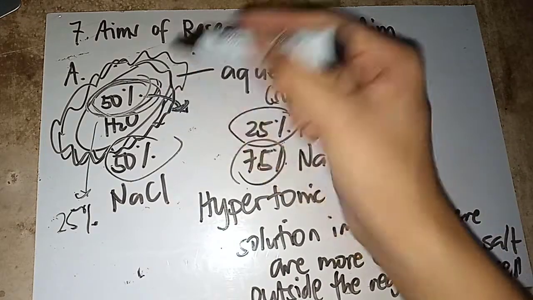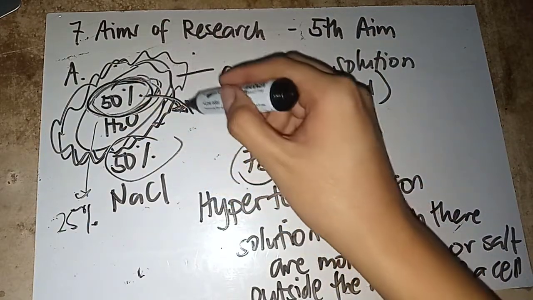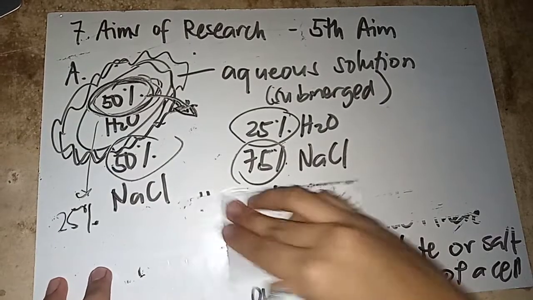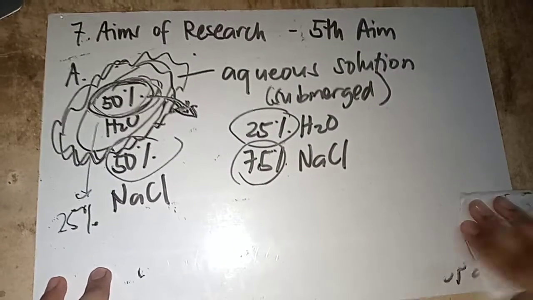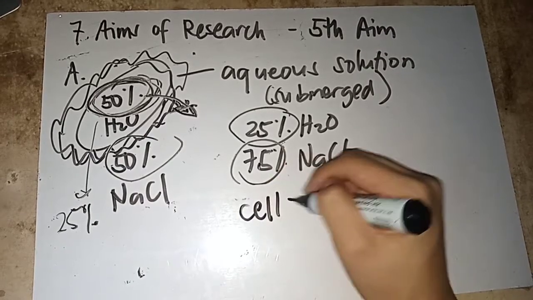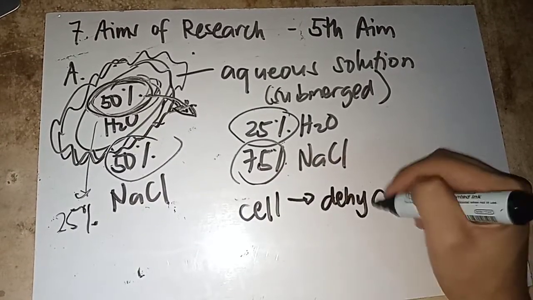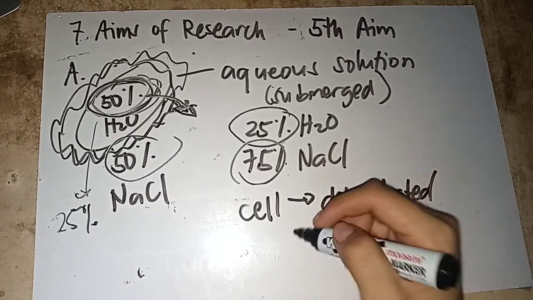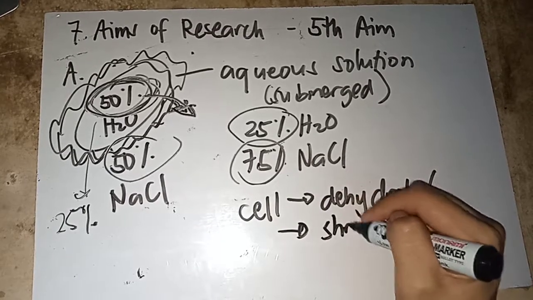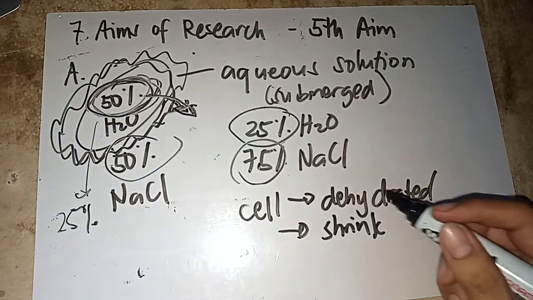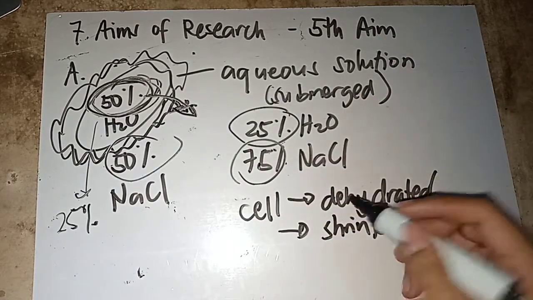So when the water moves outside the cell, what will happen to the cell? Try to copy this. When the water moves outside the cell, the cell will become dehydrated. Then the cell will shrink. Since osmosis can affect the size of the cell, with a hypertonic solution the cell would shrink.